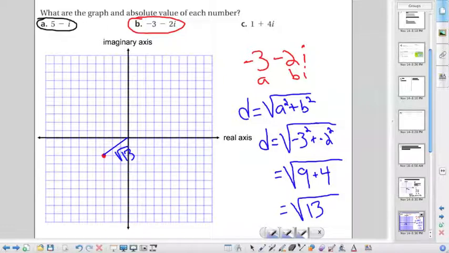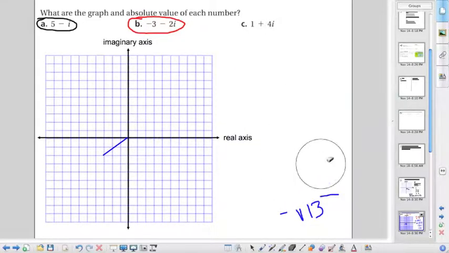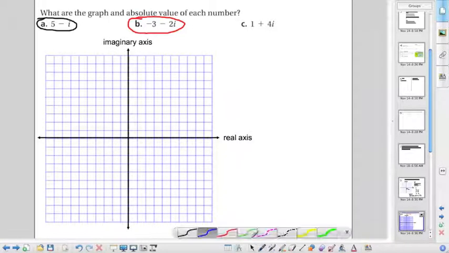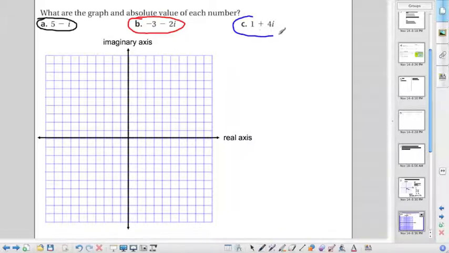We'll do the last one. We'll plot 1 plus 4i, which means 1 in the real, 4 in the imaginary.